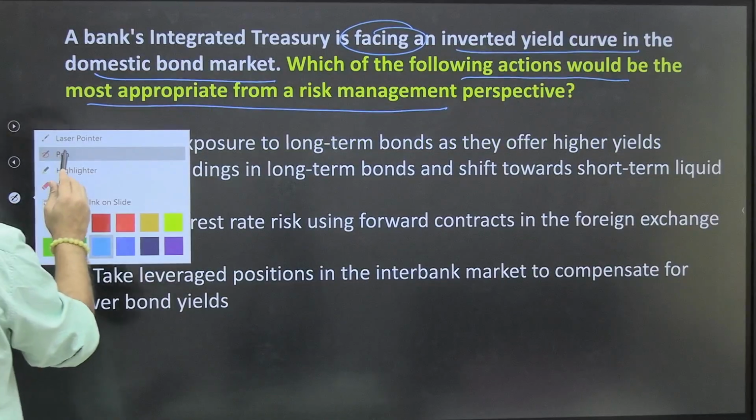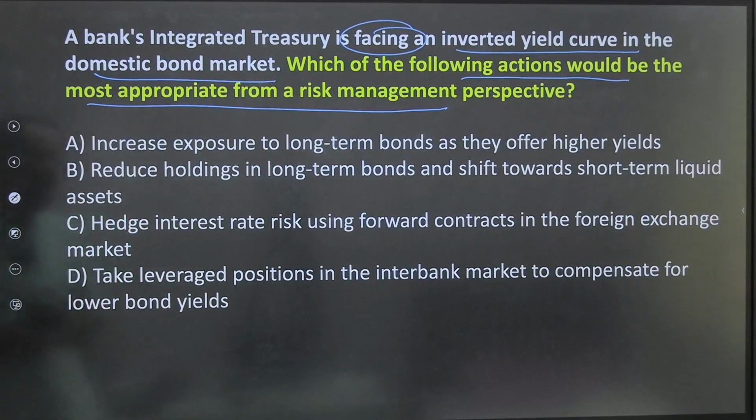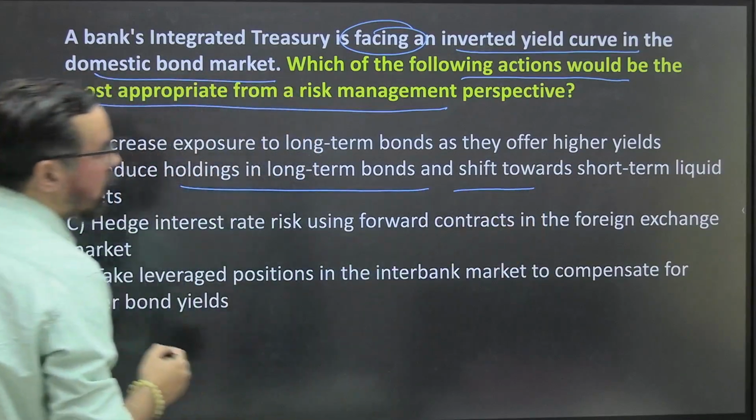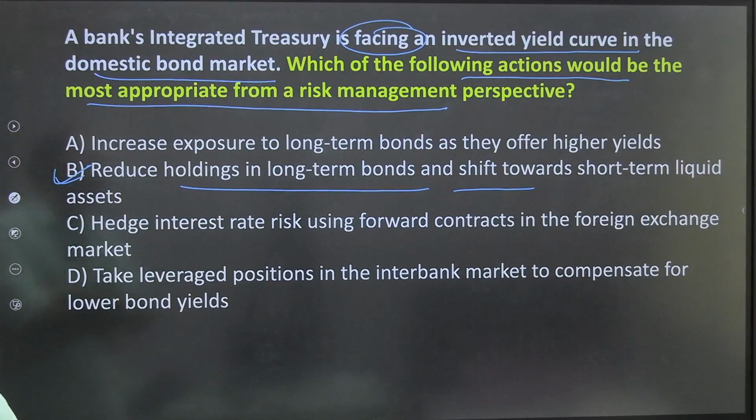Sorry. I just wanted to check, I was not confirmed with this. Reduce holding in long-term bonds and shift toward short-term liquid assets. Facing an inverted yield curve in the domestic bond market.